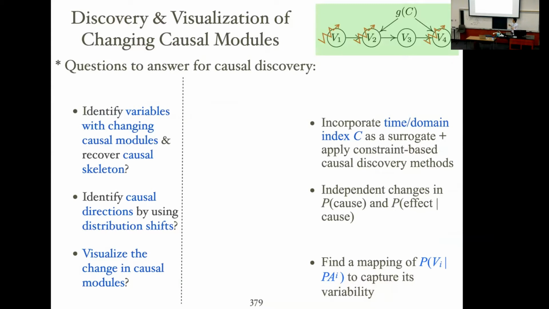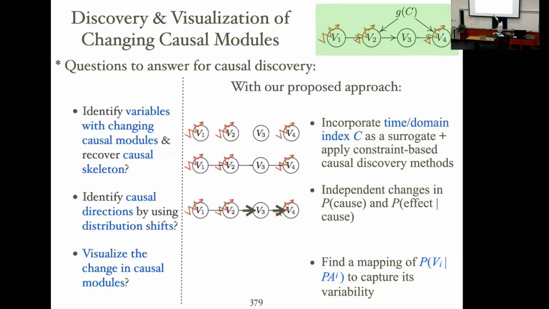So suppose for Vi, the mechanism for Vi given its parents changes, and then you want to find a low-dimensional representation to preserve all the change information in this conditional distribution. That's exactly what kernel non-stationarity visualization does. Later you can see some examples.